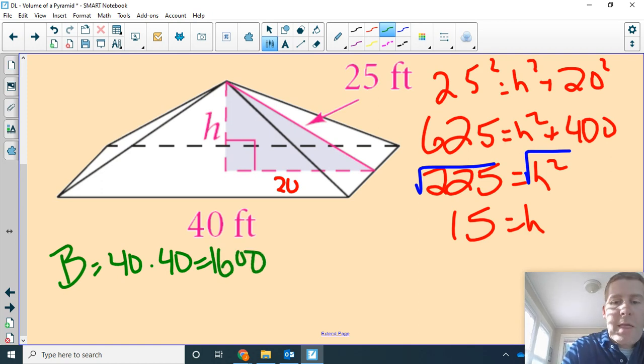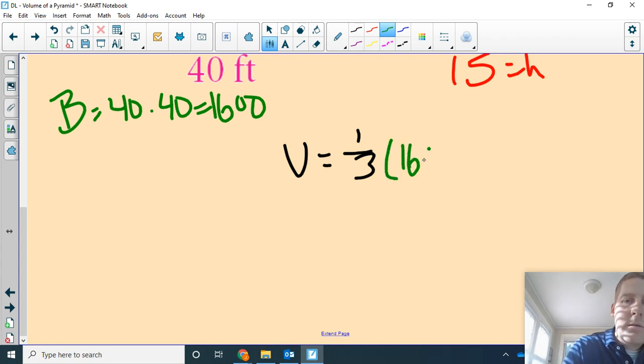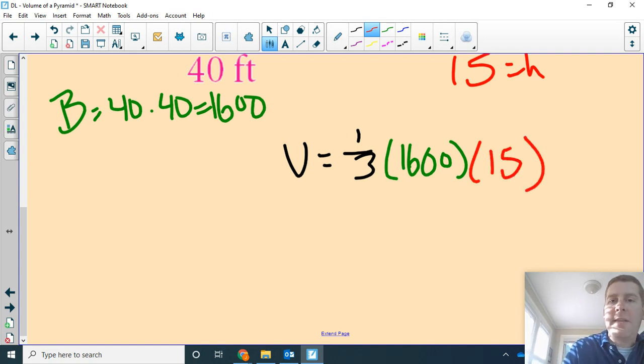So let's go ahead and put it all together. Now we can say volume is going to equal 1/3 times the area of our base, which we just found is 1600, times the height of our pyramid, which we found using Pythagorean theorem, is 15. Multiply all together, which you could do as multiplying 1600 times 15, hit enter, then divide that by 3.